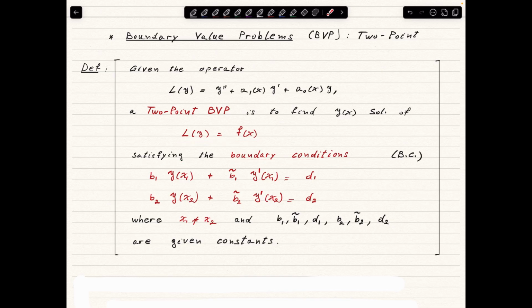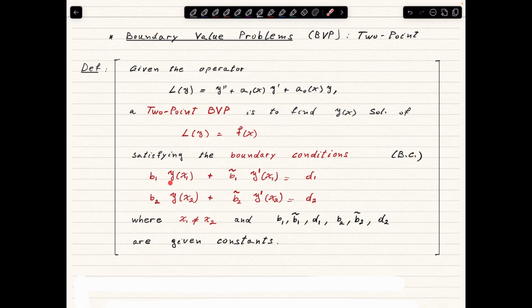And what are boundary conditions? They are conditions of this form, which looks very complicated. What we have here is b1, b1 tilde, and d1. These are given constants. And also b2, b tilde 2, and d2, they are also given constants. So these are given in the problem.